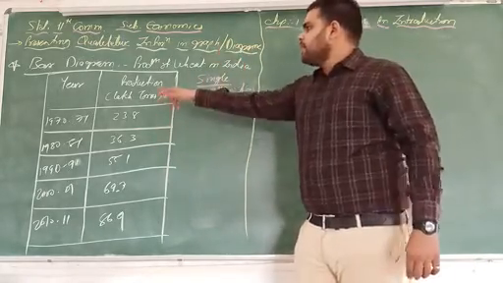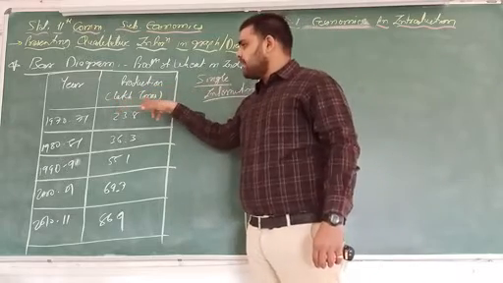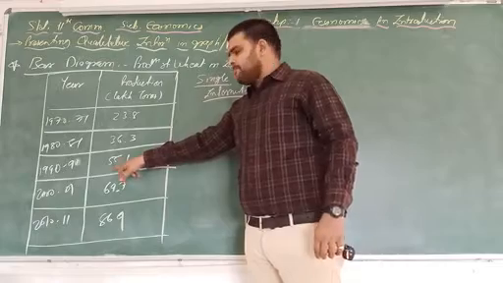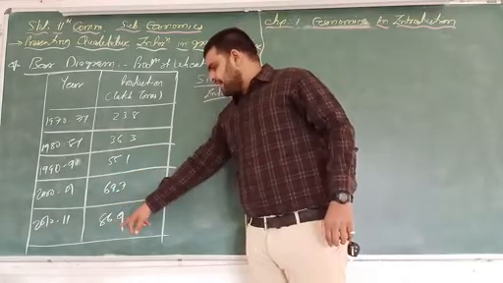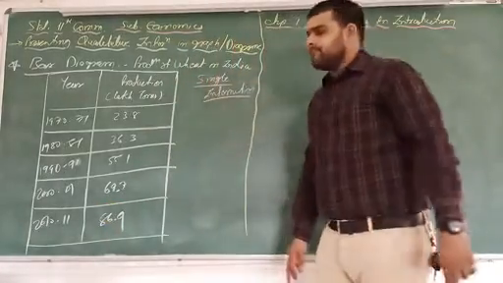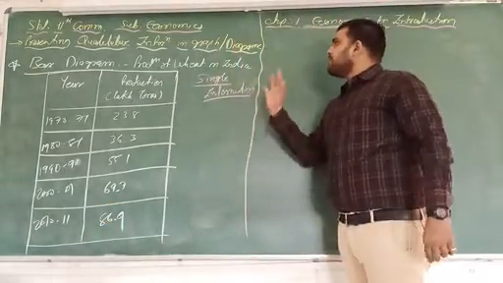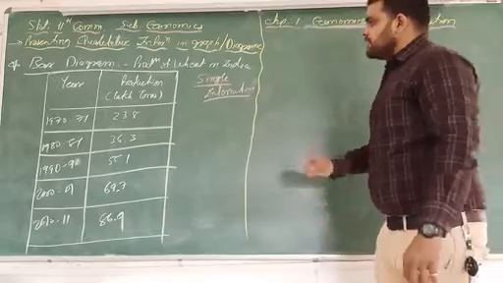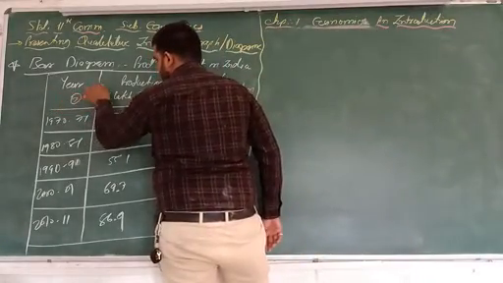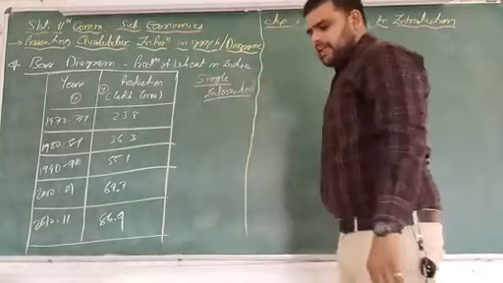And the production is in lakh tons: 23.8, 36.3, 55.1, 69.7 and 86.9. Now we have to draw this information in the diagram. As we discussed, the independent variable is shown on the x-axis and this one on the y-axis.